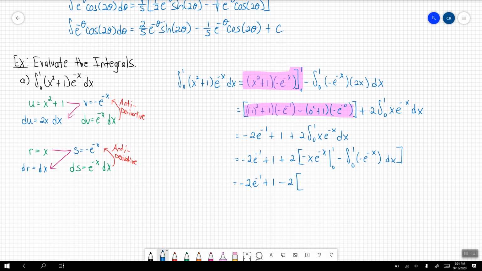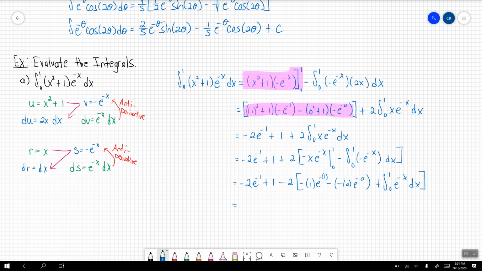So evaluating here, that's going to be negative 1 multiplied by e to the power of negative 1 minus, once again we still have that negative x, in this case negative 0 multiplied by e to the power of negative 0. All right, that's that first piece. Negative times a negative is going to be a positive, so that's positive for the integral from 0 to 1 of e to the power of negative x dx.